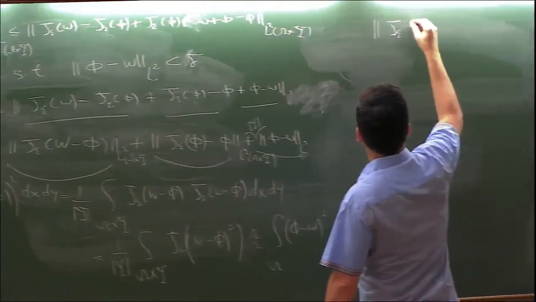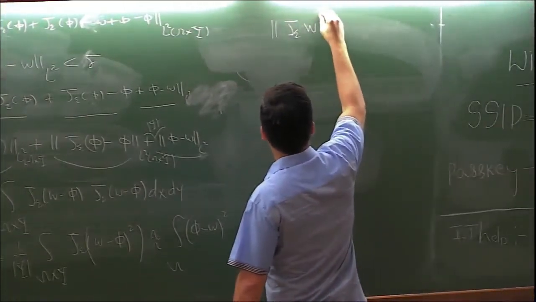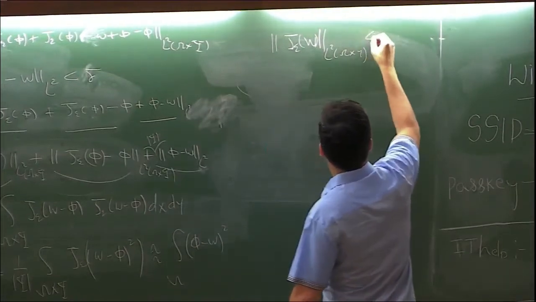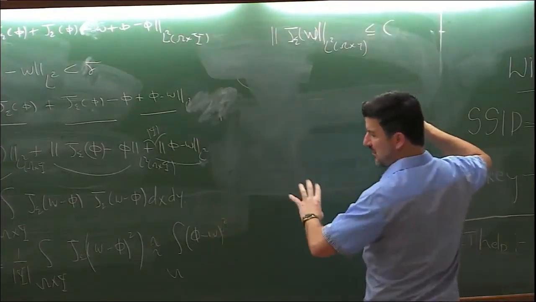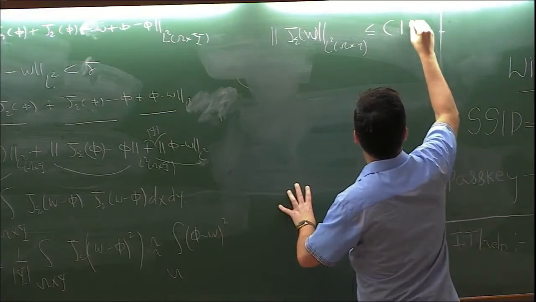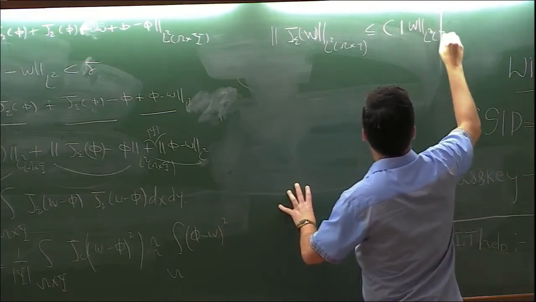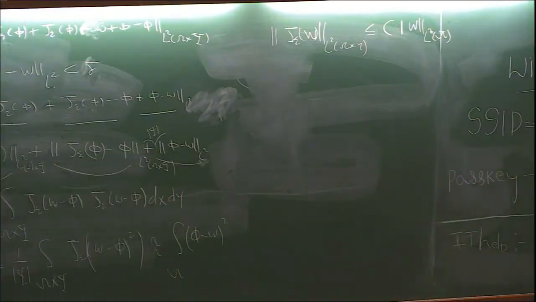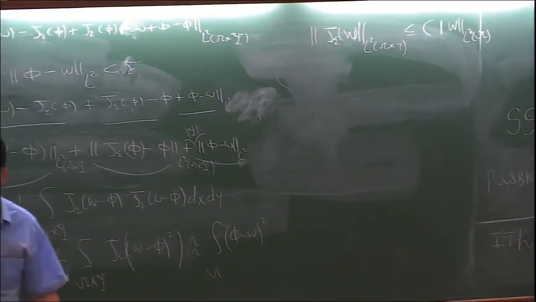The L2 norm of T epsilon applied to some function is greater or equal, some constant depending on the measure of y and whatnot, times the norm of the function itself. This is the result obtained by properly manipulating the unfolding identity, okay?